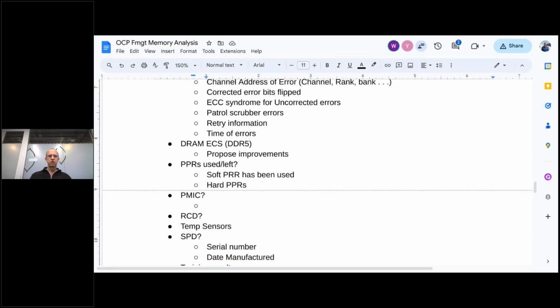It may also be possible in the future, since I know there are registers in the DRAM, that we pull some registers in the DRAMs to get information about whatever the DRAM's doing internally, health-wise. I'm not sure how that would work. I'm throwing things out, and some of my ideas are probably pretty bad.